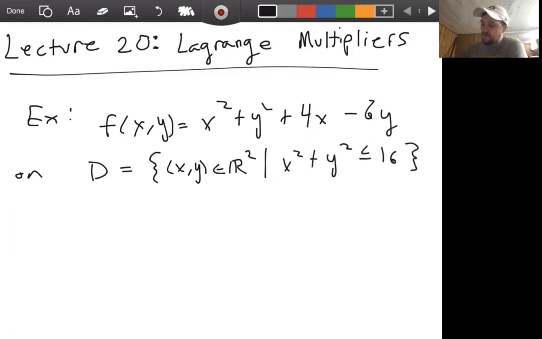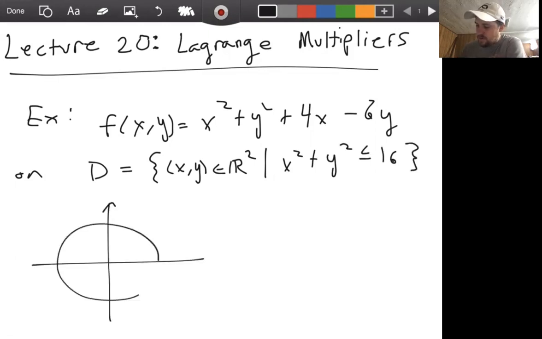So this is an example where the domain is just a disk of radius 4, including the boundary.